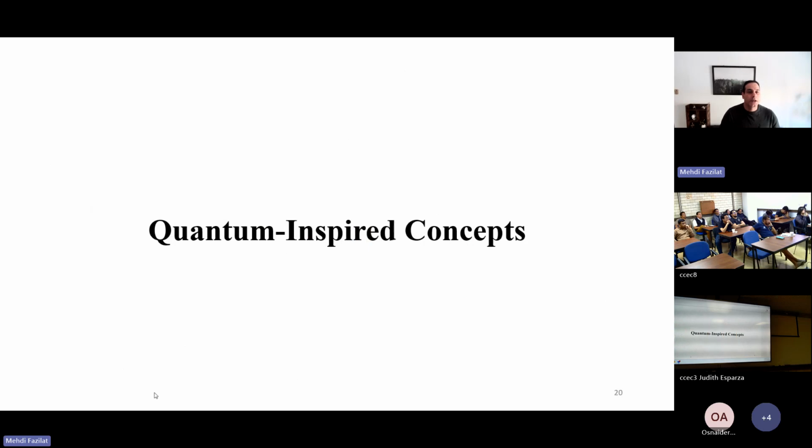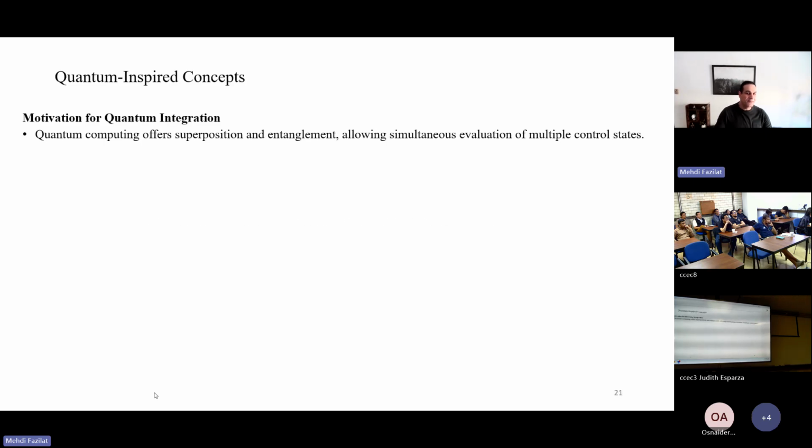Now things get a bit more interesting because we're going to start talking about some quantum concepts. The main motivation is to integrate quantum ideas with the control strategy, using abilities of quantum computing like superposition and parallel computing, which basically means systems can handle multiple control states at the same time.